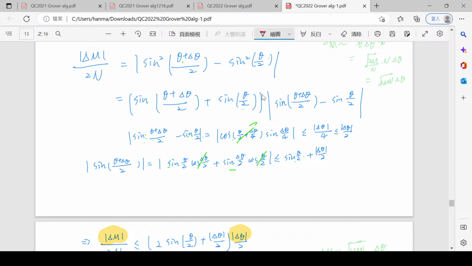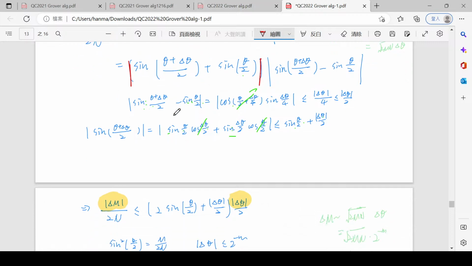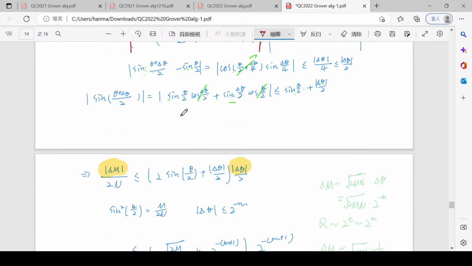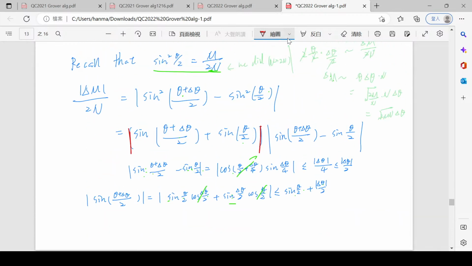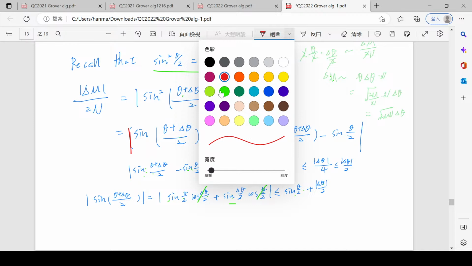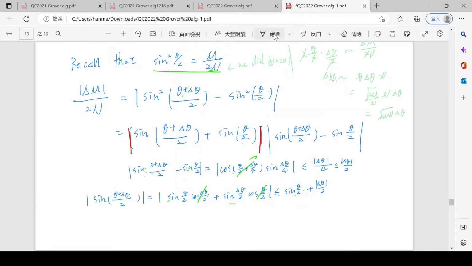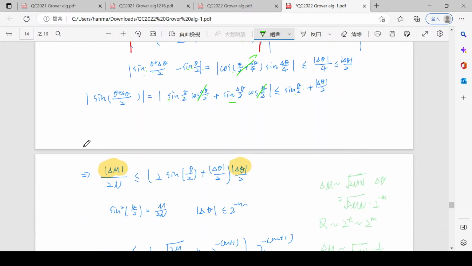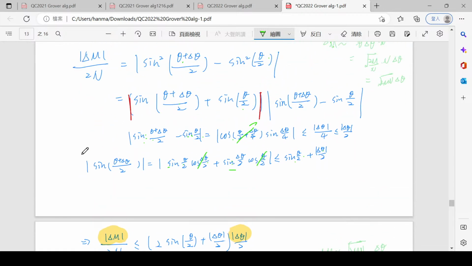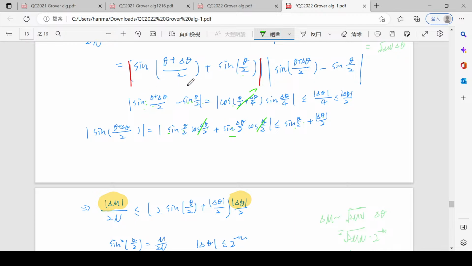I think this should actually be an absolute value, which will make things easier. So we have sine theta over 2, and then these two things we break into the absolute value of this and this.